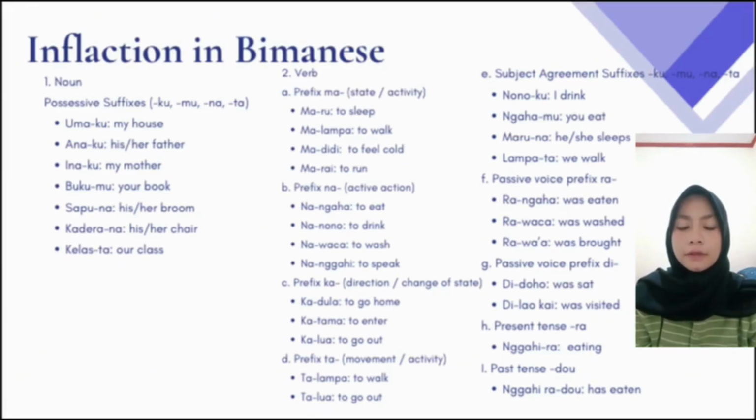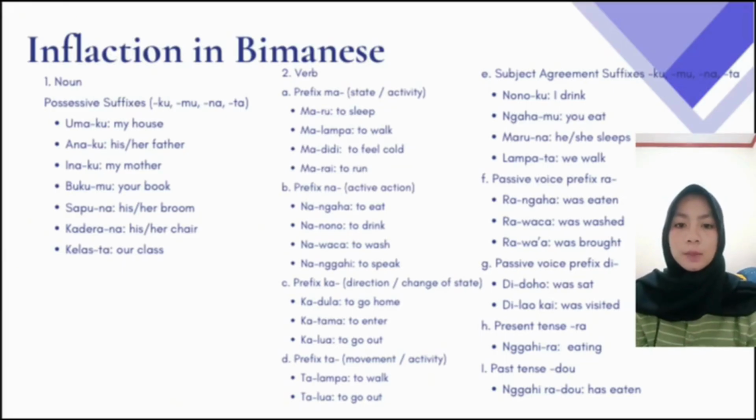In Bimanis inflection, there are three categories. The first is noun inflection, the second is verb inflection, and the last is adjective inflection.